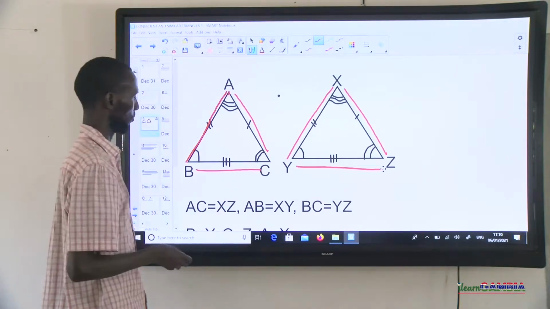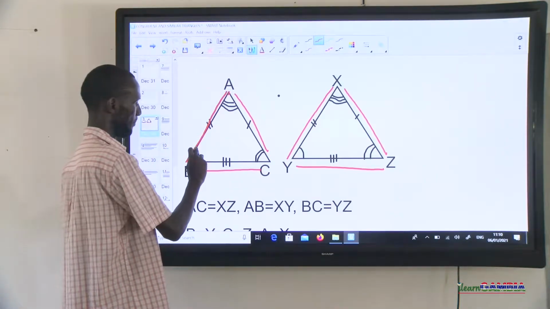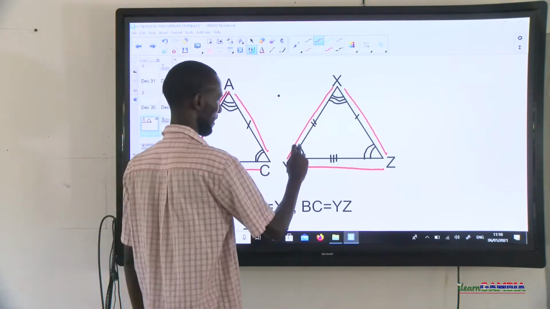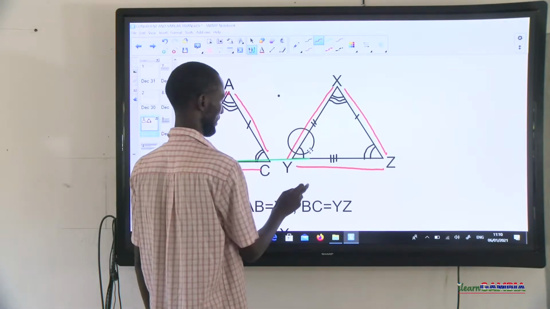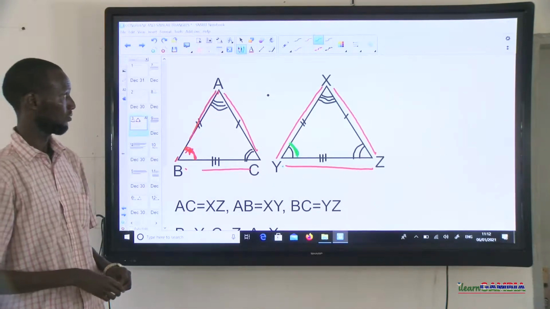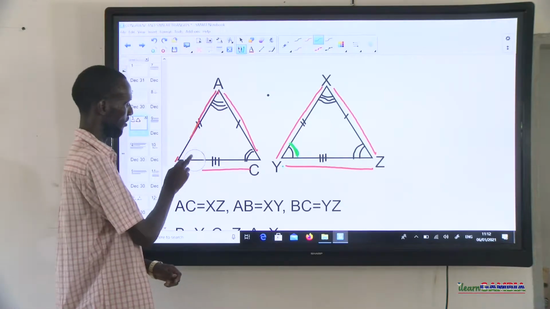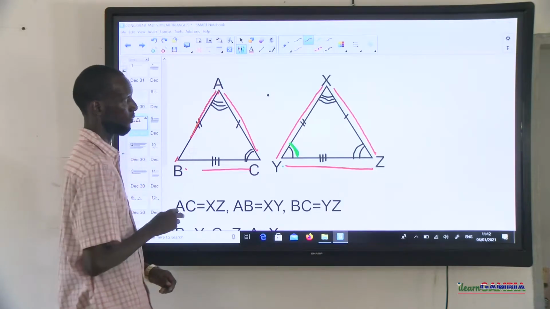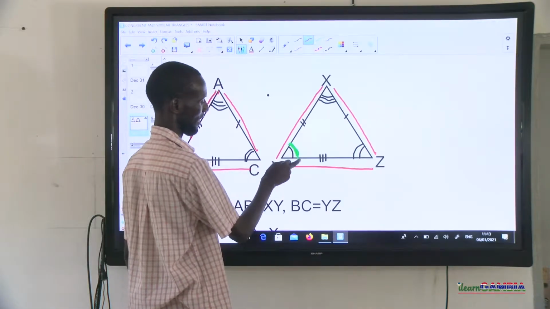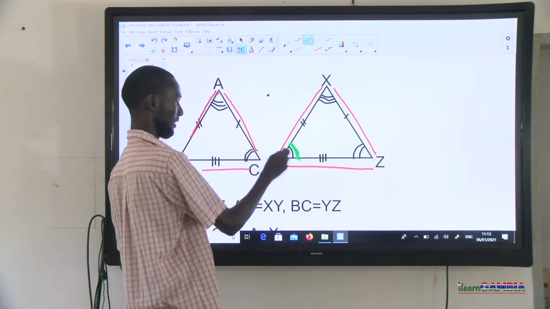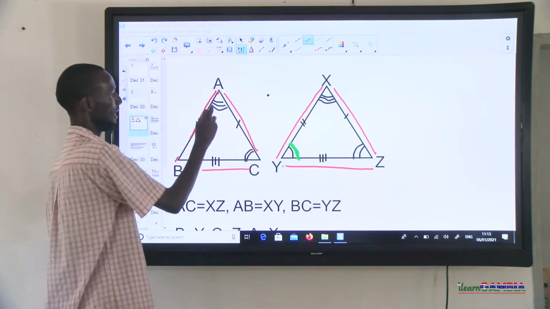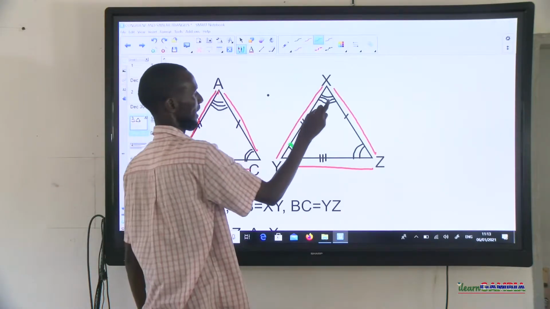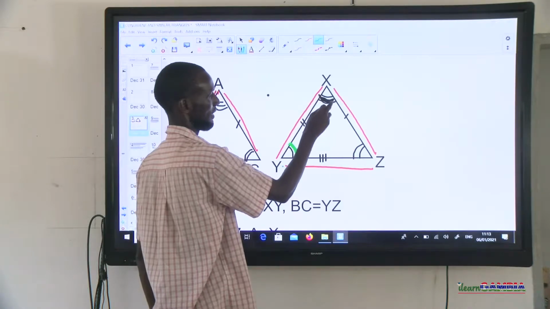Then also, if you look at the angles, comparing the angles you realize that angle B of triangle ABC, that's this angle right here, is equal to angle Y of triangle XYZ. Those two angles are already equal. Likewise, angle A of triangle ABC right here and angle X of triangle XYZ are also equal.